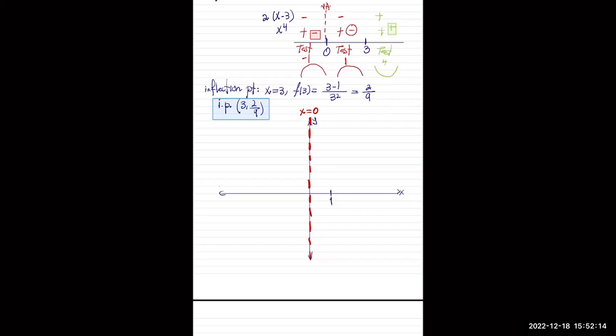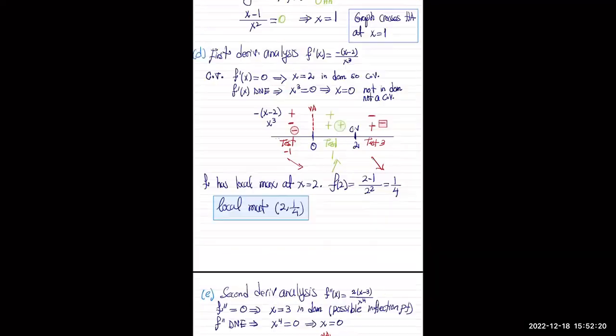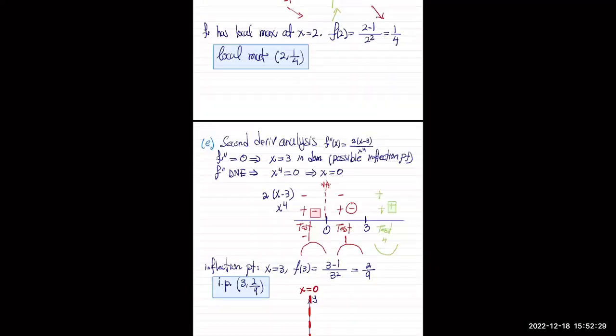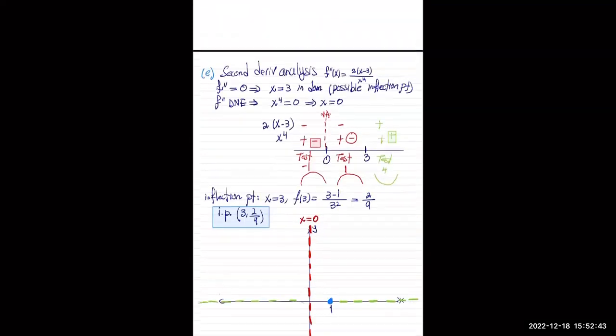So graph is crossing the x-axis right there, which also happens to be the crossover of horizontal asymptote at y equals 0, and again, crossover at 1. Y equal to 0, again, is the x-axis. Okay, so this is the horizontal asymptote. And again, we already have the crossing of the horizontal asymptote.